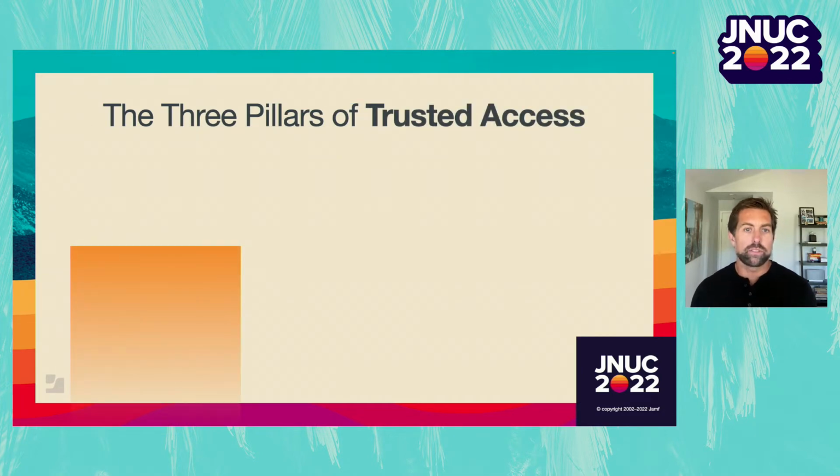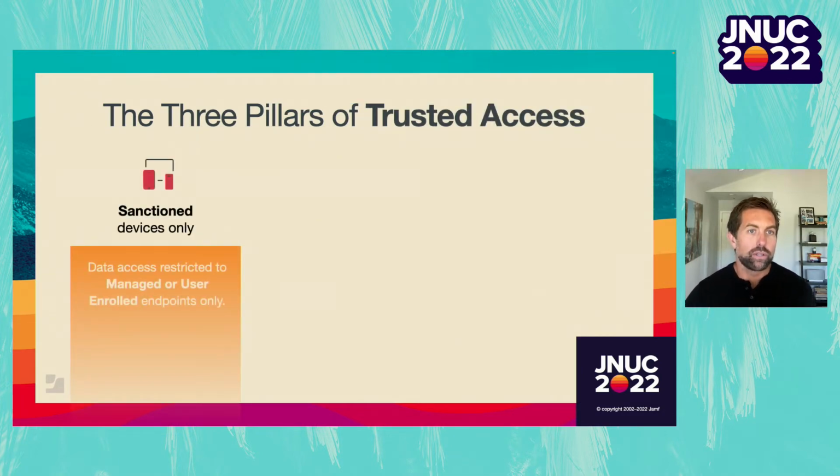So with those 2 problems in mind, let's talk about what Trusted Access is from the view of its 3 core foundational pillars. 1 is sanctioned devices only. Data access is restricted to only managed or user-enrolled devices, meaning you have some form of management on a device to recognize that it is sanctioned versus an unsanctioned device.